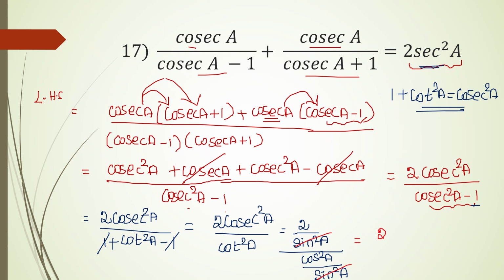So we are left with 2 by cos square A. What is 1 by cos square A? It is secant square A. So I can write 2 secant square A, which is equal to the RHS. Hence, this is also proved. Hope you understood. Thank you.